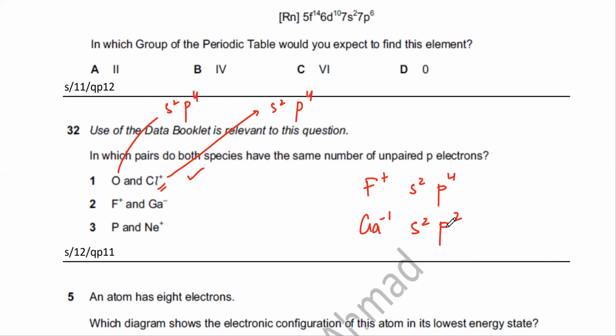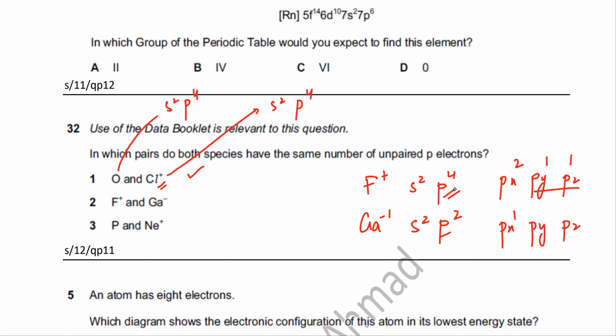P2 means px, py, and pz are 1, 1, and 0, and it's still 2 unpaired. Remember, he was asking for the same number of unpaired. So they do have the same number of unpaired. Although the electronic configuration is different, the number of unpaired orbitals is exactly the same. Clear hai baat? Is this clear?